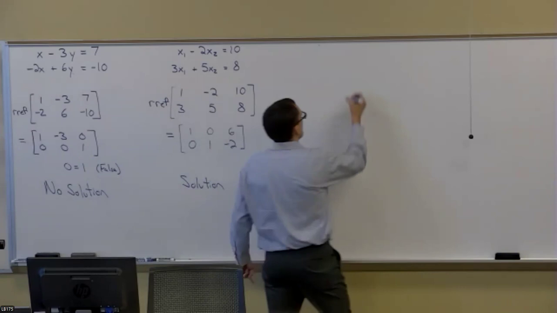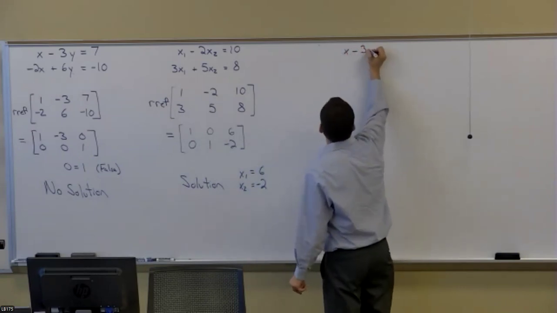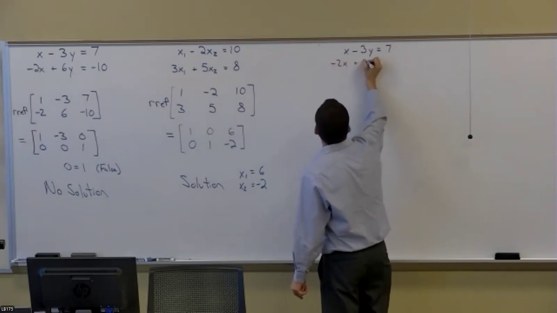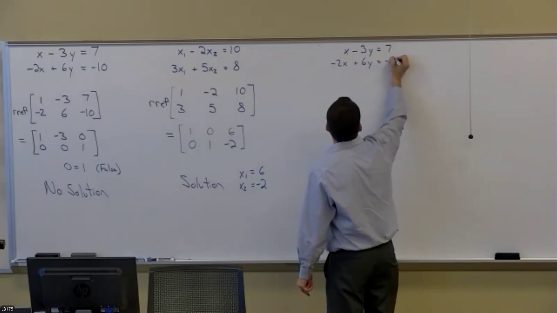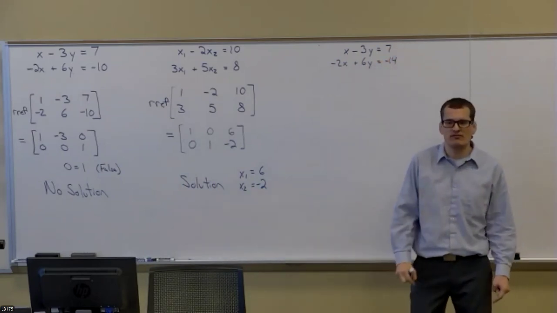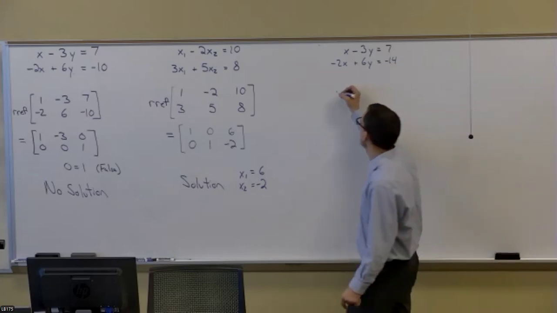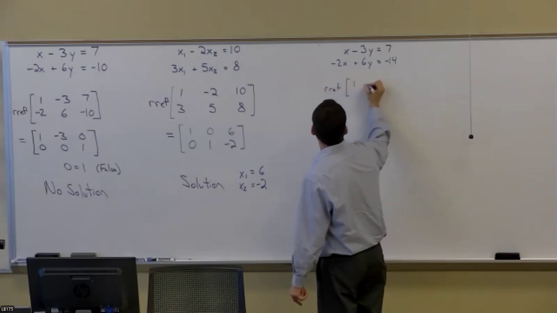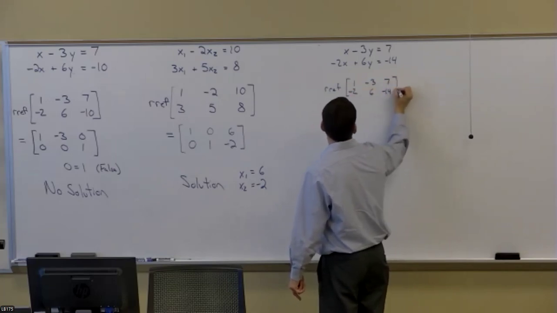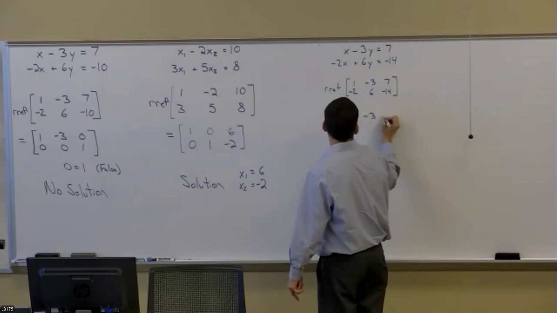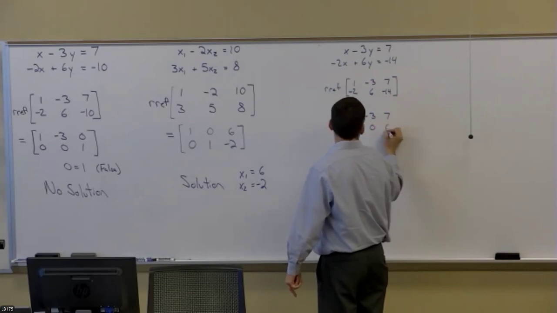Now, I won't go through all the steps, but if you replace the -10 with a -14, and then did the RREF of that, what you'd end up with is 1, -3, 7, and then a row of all zeros.